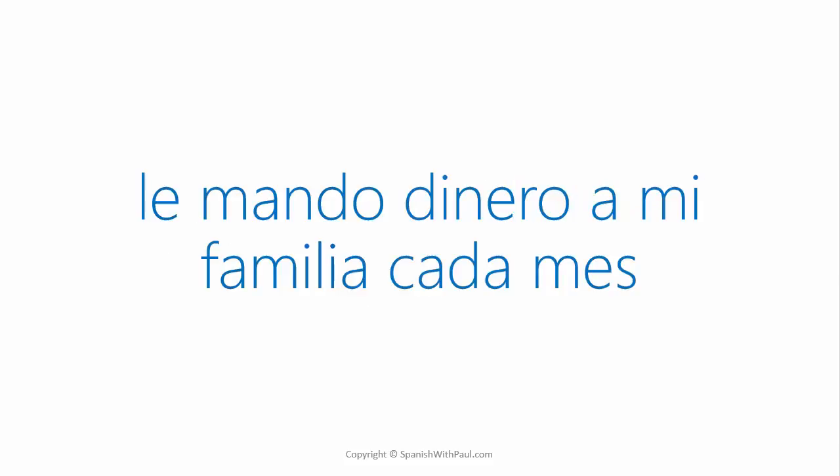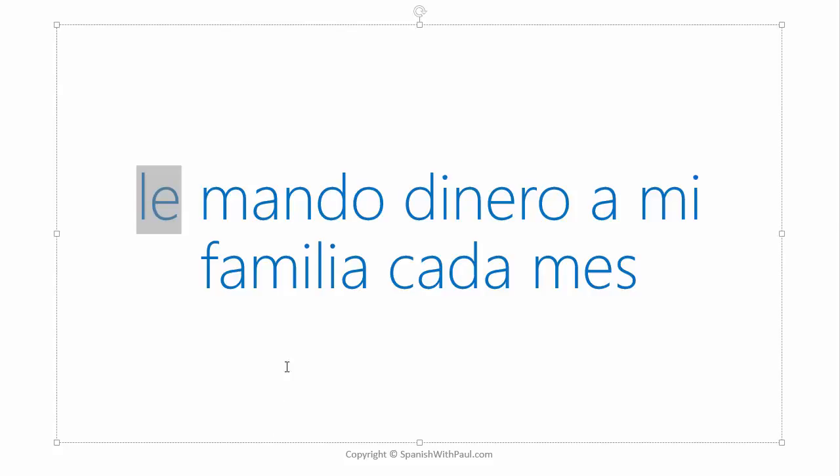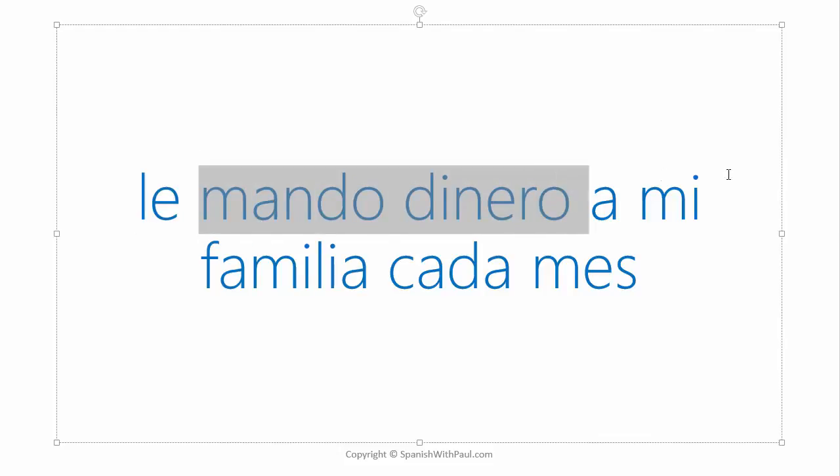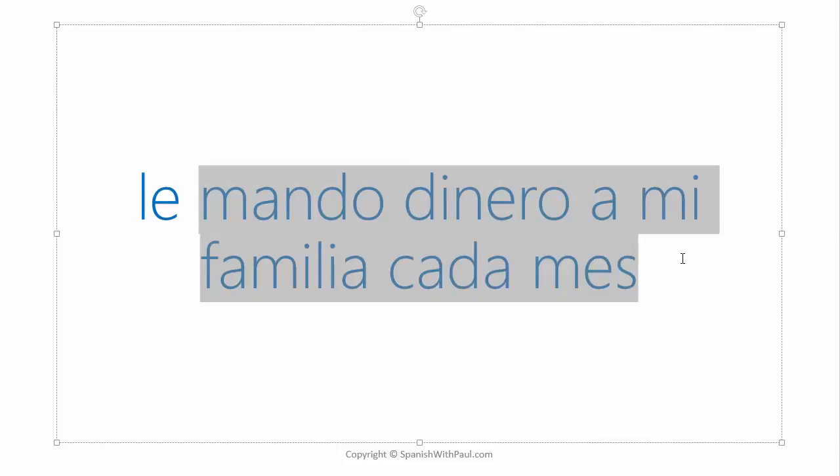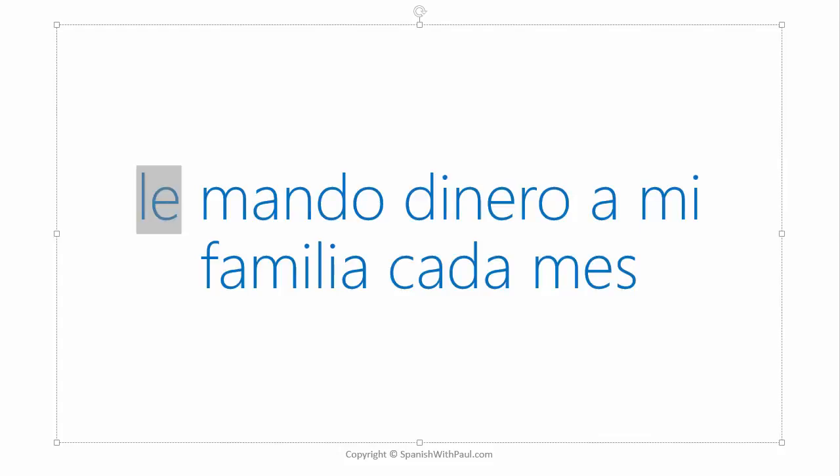Le mando dinero a mi familia cada mes. So, to it, I suppose, because la familia is a single word. That's what we're referring to. So, to it, I send money to my family each month. See how redundant this le is.